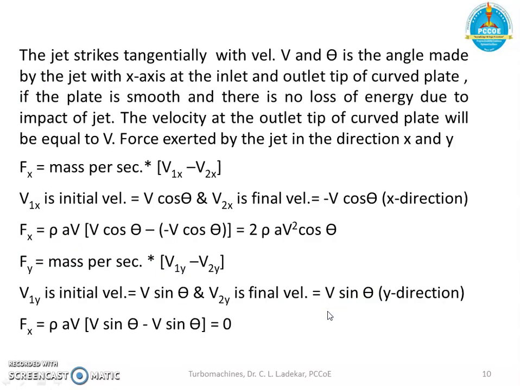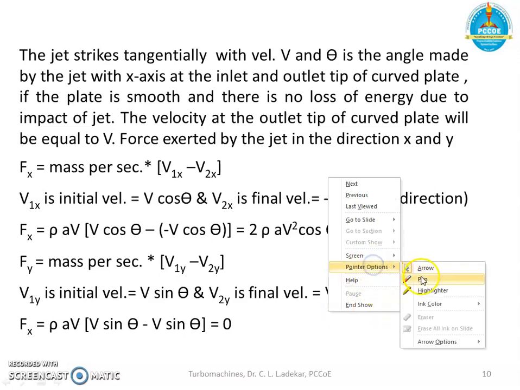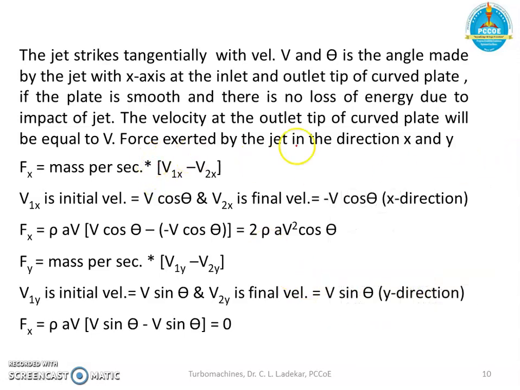Okay, then if you want to calculate the force in x direction, you can calculate mass per second into initial velocity in the x direction minus final velocity in the x direction. What is the initial velocity in x direction? If you consider left to right as the positive direction, since the final velocity is going in the opposite direction, that is right to left, you consider a negative sign.